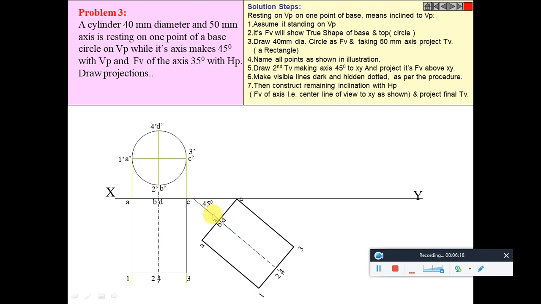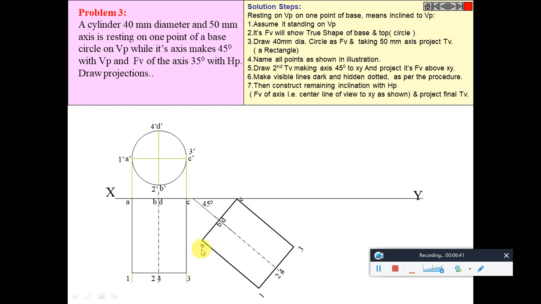Always ensure that this is perpendicular. That is the reason I'm asking you to use a set square, right? I want to constrain the line bdc and this line to be perpendicular to each other, and the distance of this should be 20 mm, right? And just extend this line here, and just duplicate this square here, right?